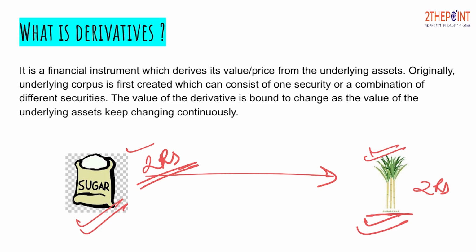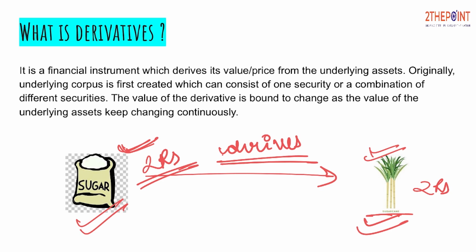So the crux of the story is that sugar derives its price from sugar cane. So what is the term that I use? That sugar derives its price from sugar cane.